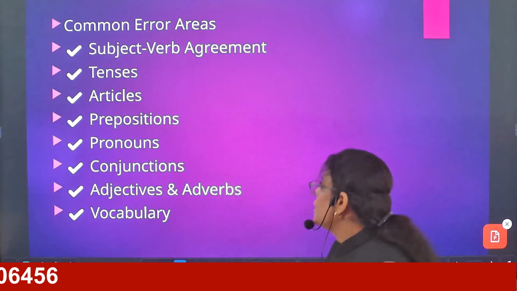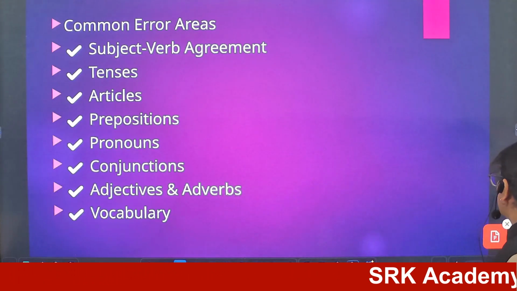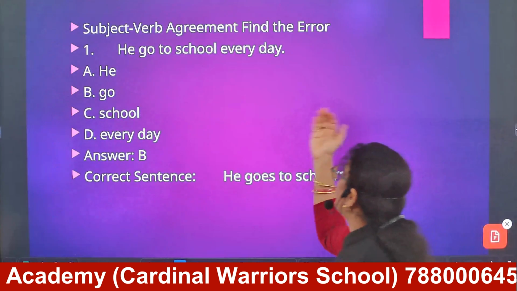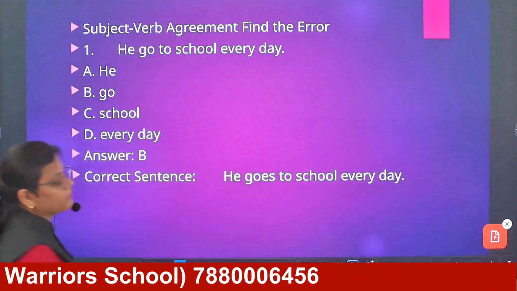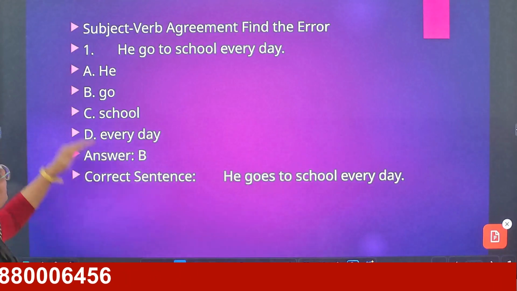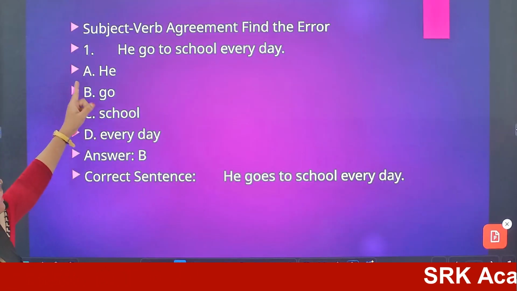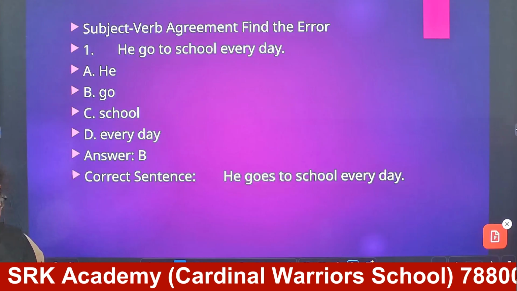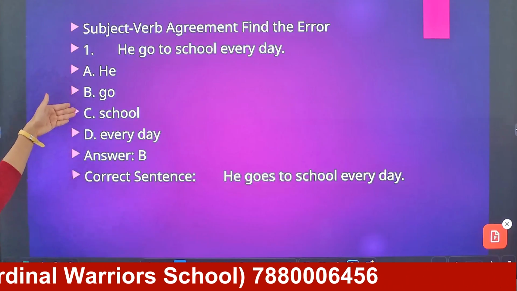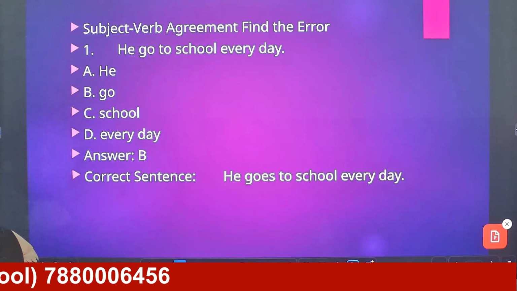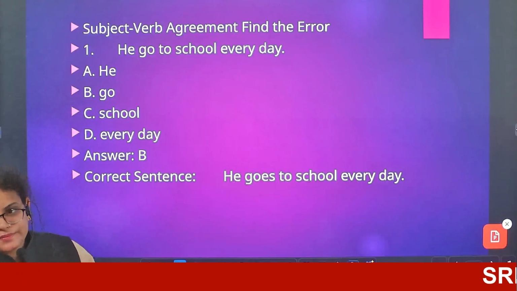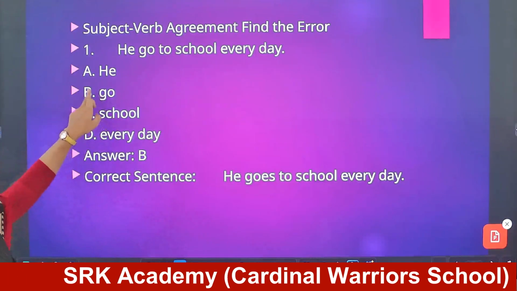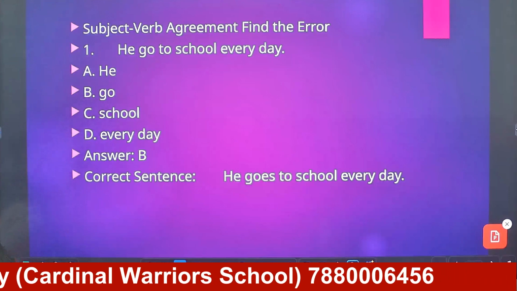Yes or no? So in your next class, we are going to continue with slide number 6, that is subject-verb agreement, find the errors. Can you finish this one? Here you have to find the error. He go to school every day. Okay, these are the options. What is the error here? B. What is B? Go. What will come instead of go?